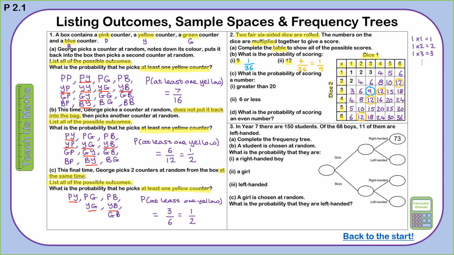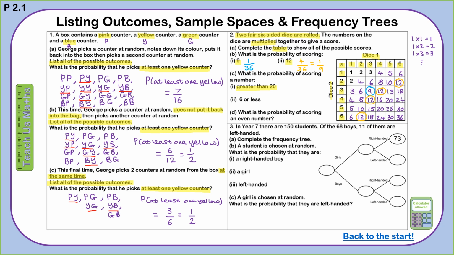Part C. What is the probability of scoring a number greater than 20? So that does not include 20. It means all of the numbers bigger than 20. So let's count how many of those there are. So none in the first row, none in the second row or the third row.